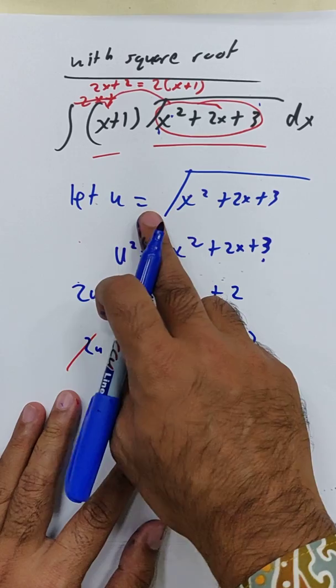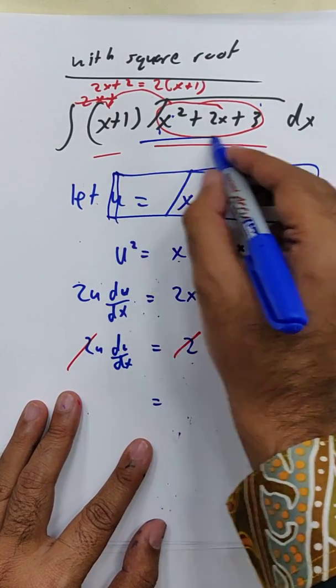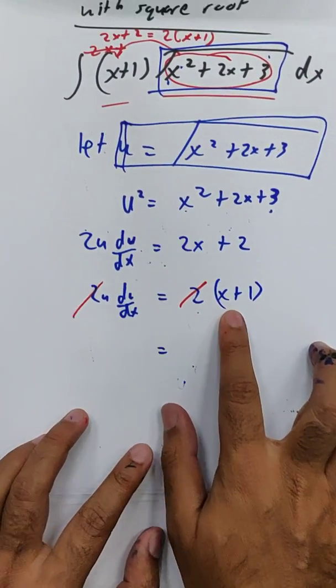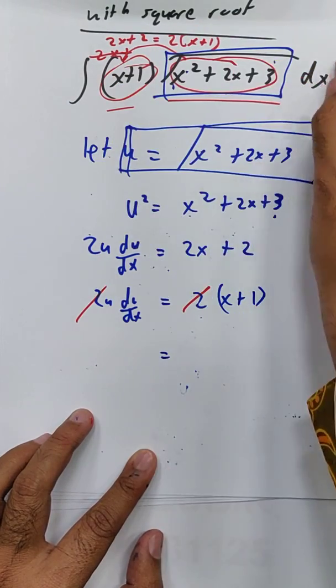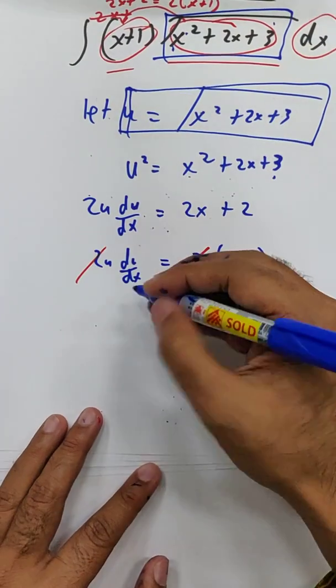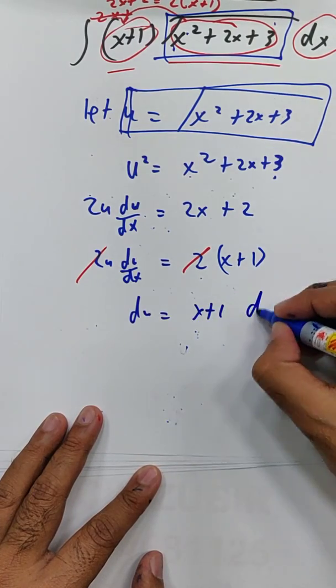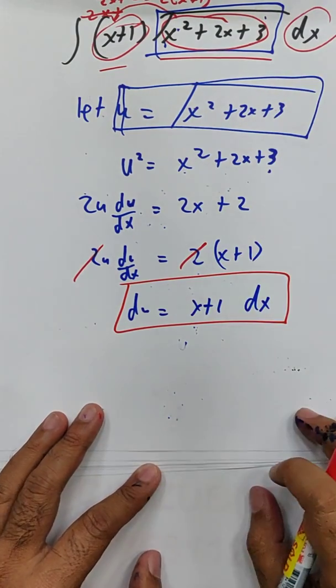Now if we try to substitute this one, where do you substitute? This one here. What about x plus 1? Can you see x plus 1? There's 1 here, x plus 1. In fact, there's dx over there as well, sir. So u du equals x plus 1 dx. Substitute.